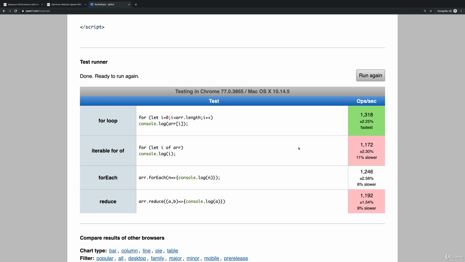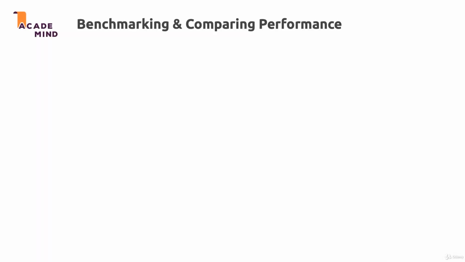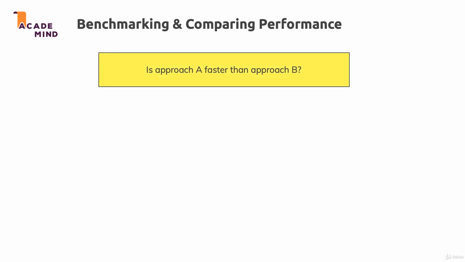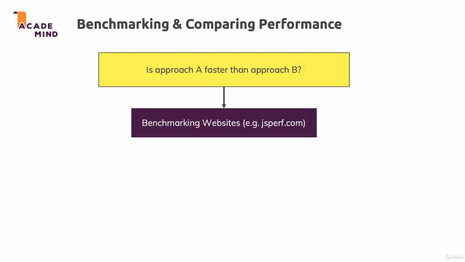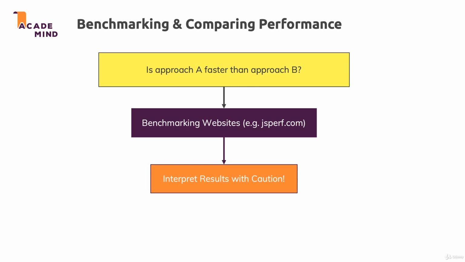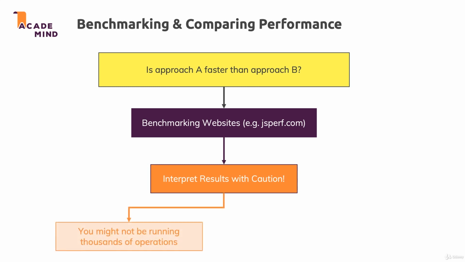So when we talk about differences here, we really have to be careful that we don't go for the fastest result just because it shows it here, and totally forget that this doesn't matter in most cases. So when you're comparing results, if you're benchmarking and you're checking whether approach A is faster than approach B, for example, with benchmarking websites like JSPerf.com, you have to interpret the results with caution.